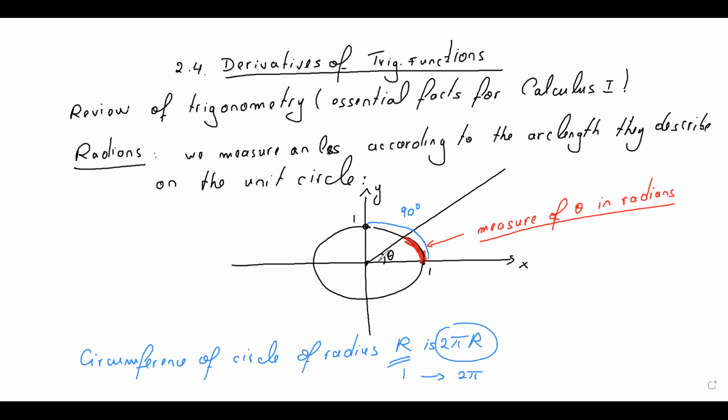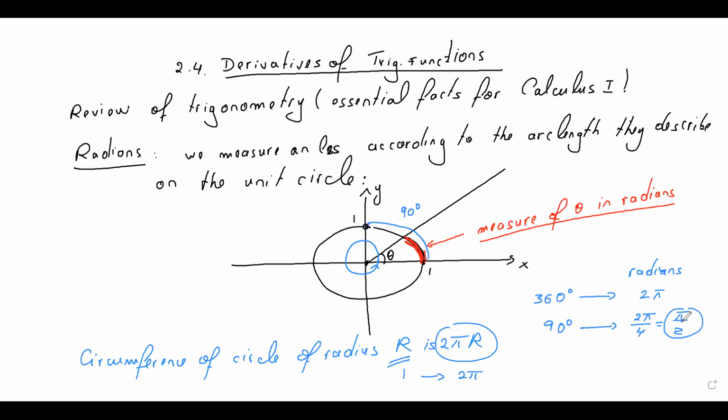That tells me that going along the circle for a 360-degree angle, the radian measure will be 2 pi. So for 360 degrees, the measure in radians is 2 pi. And a 90-degree angle being a quarter of 360 degrees will be 2 pi divided by 4, or pi over 2. And that brings us to the commonly known formulas for the radian measure of various angles.